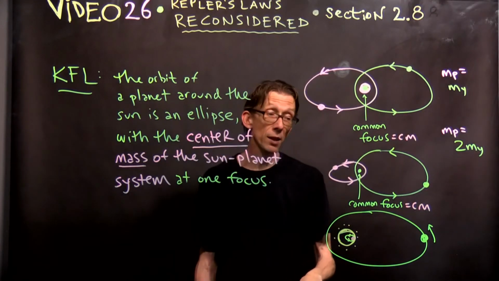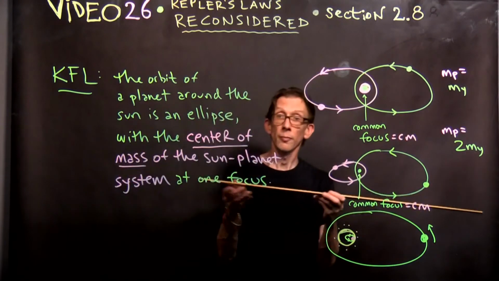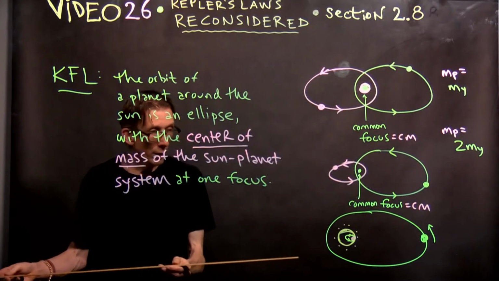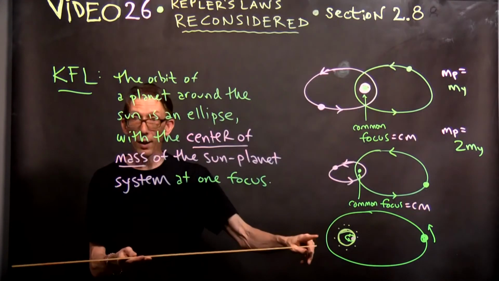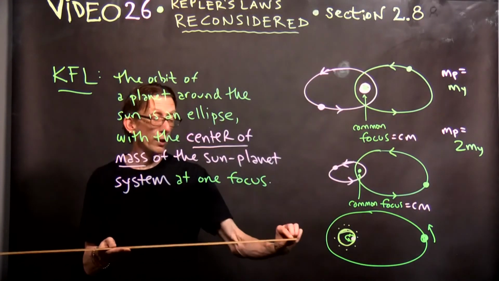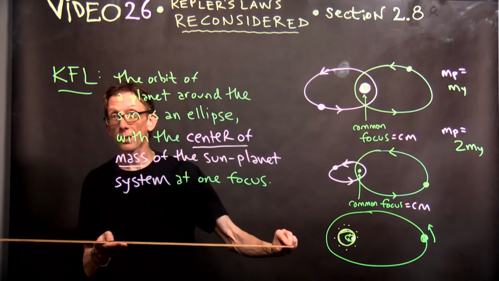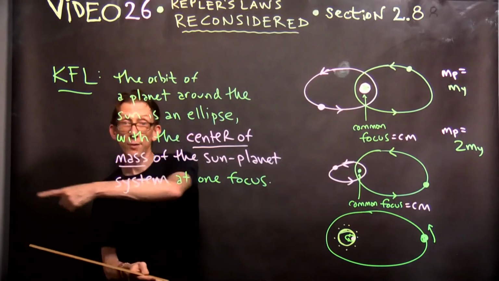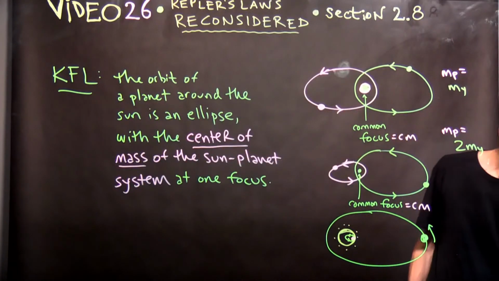If I took Jupiter and put it here, and the sun there, the center of mass would be really close to the sun, so close that it would be right at the sun's surface. So the sun just makes a little wobble like that every 12 years as Jupiter swings way out around it.